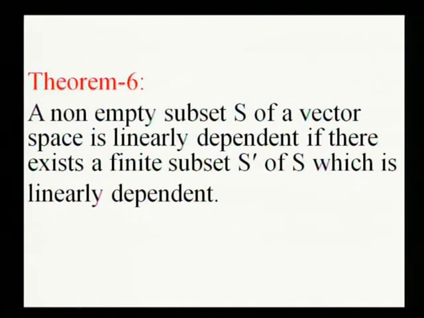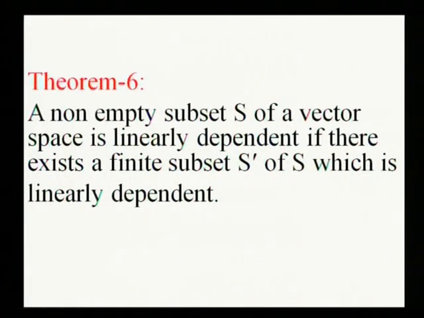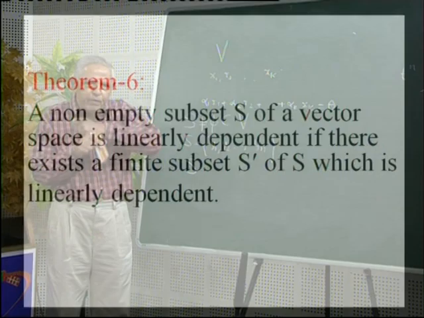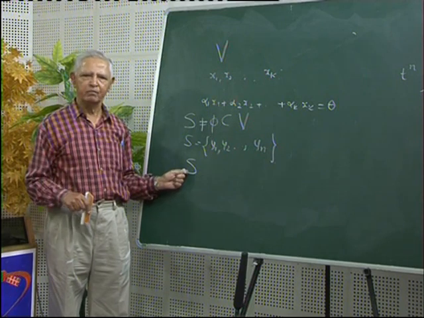But before that theorem, let us define what we mean by a set being linearly independent or dependent. If S is any arbitrary set, then we say that S is linearly independent if every finite subset of S is linearly independent.